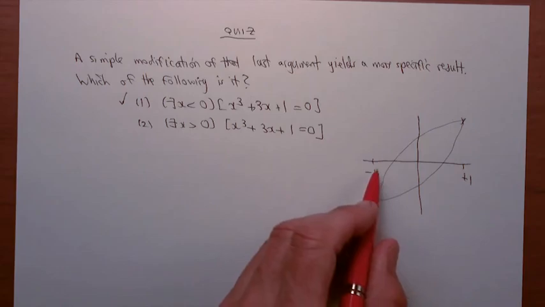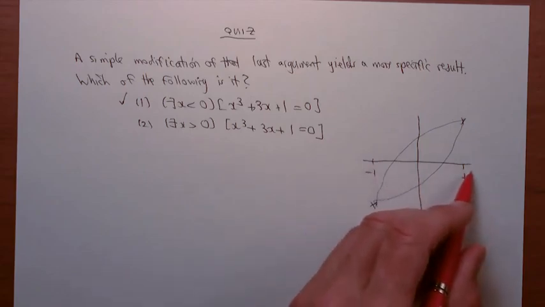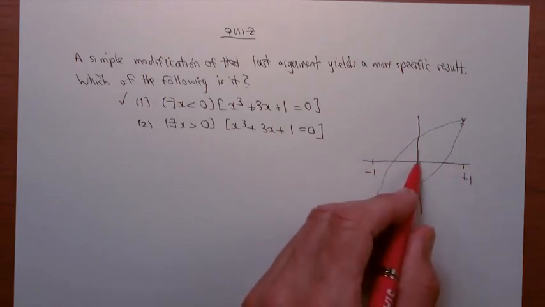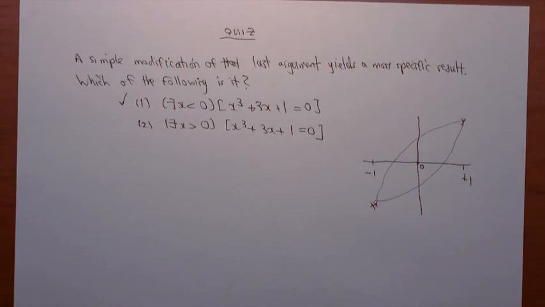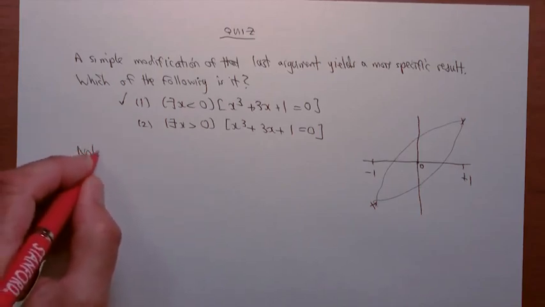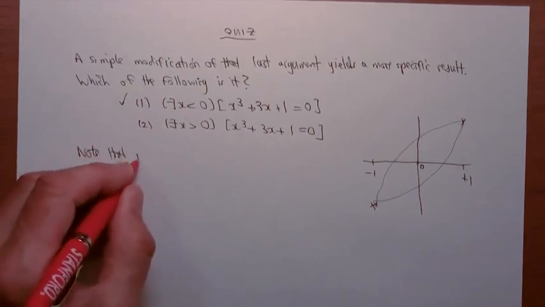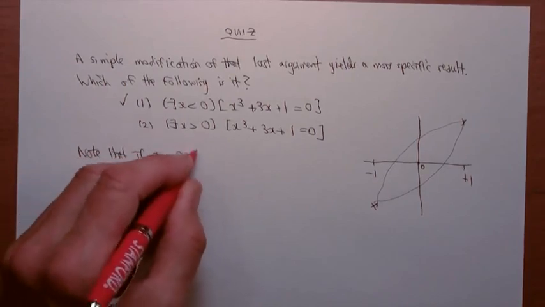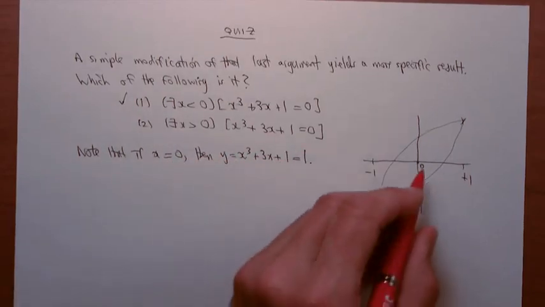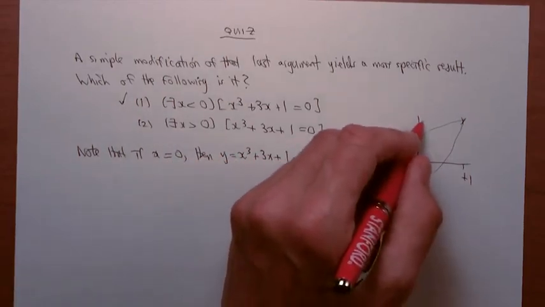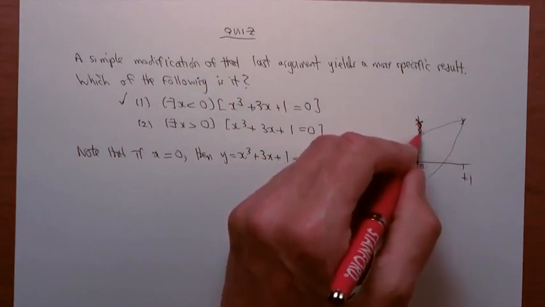But instead of going between -1 and +1, I could go between -1 and the origin itself. Well, note that if x equals 0, then y equals x cubed plus 3x plus 1 is 1. So at 0, it's somewhere up here.